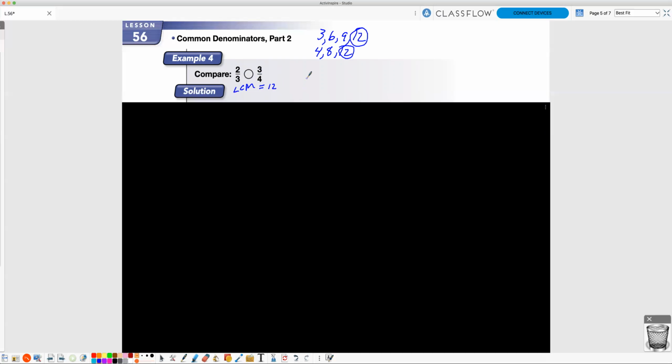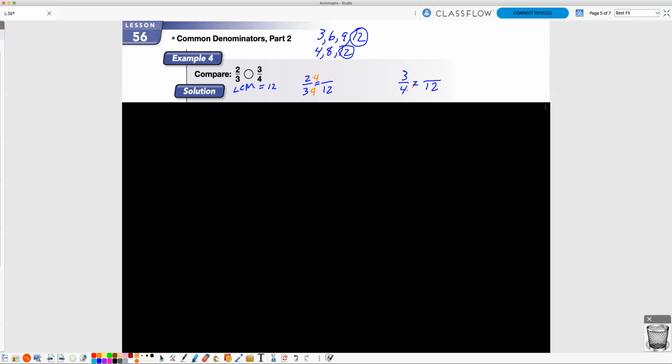For 2/3, I need an equivalent fraction with a denominator of 12. And for the 3/4, I need another equivalent fraction with a denominator of 12 as well. I should recognize that when multiplying this one times 4, I get to 12, so I have to multiply the numerator times 4.